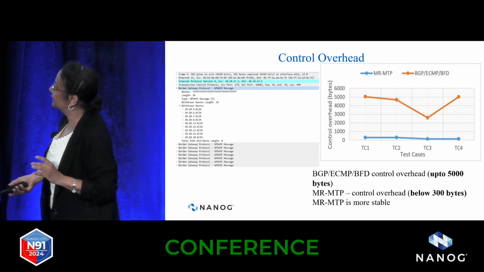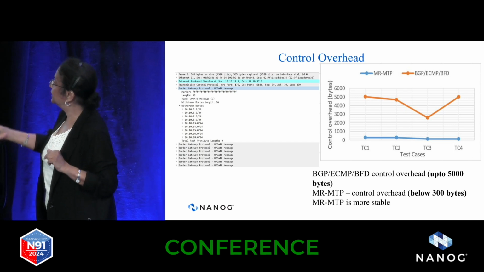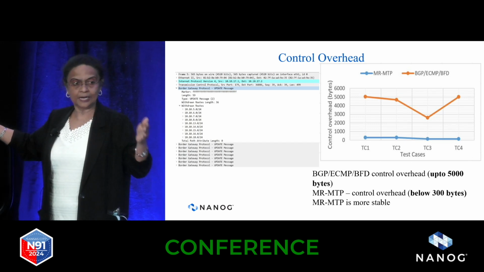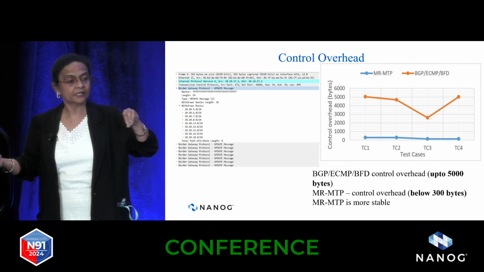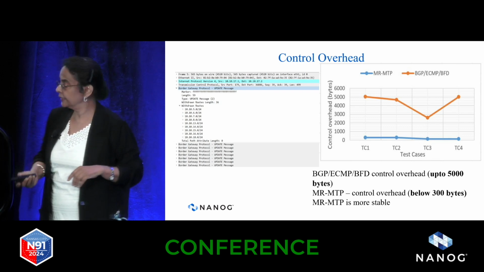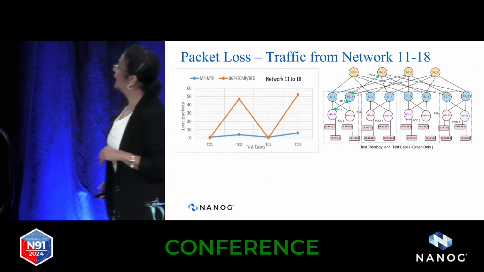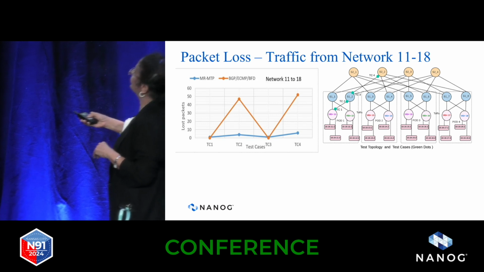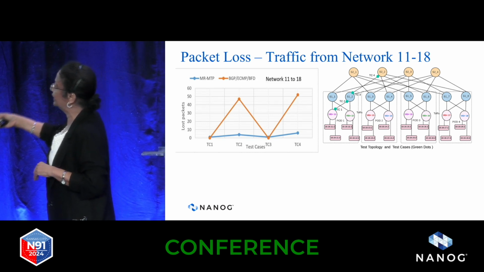So that is a BGP update message on a failure that we captured, and you don't have to know what exactly is there, but so much update information is included in the message. So this is the packet loss for traffic from network 11 to network 18 for those 4 failures.